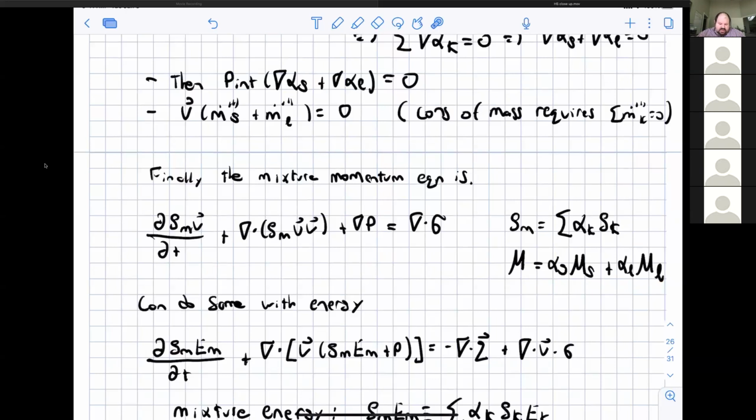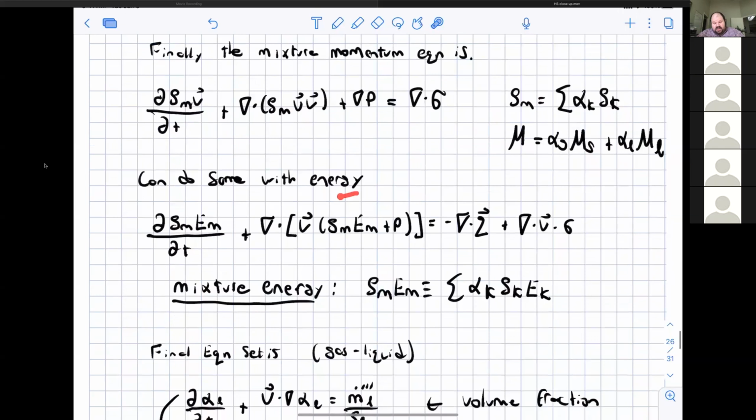Okay, so I'm not going to do it for energy, but you can do the exact same thing. And if you do the exact same thing, you wind up with an energy equation that is identical to the usual energy equation, with the exception that you have a mixture total energy, and this mixture total energy is just the sum of the total energies for all the different phases.